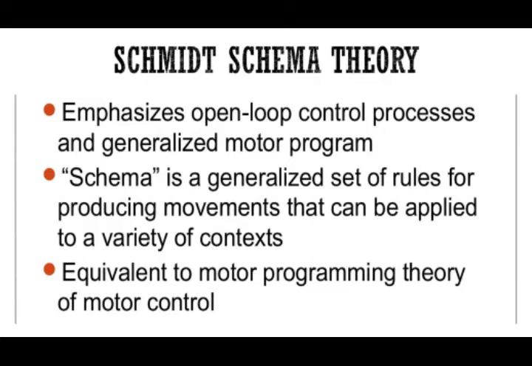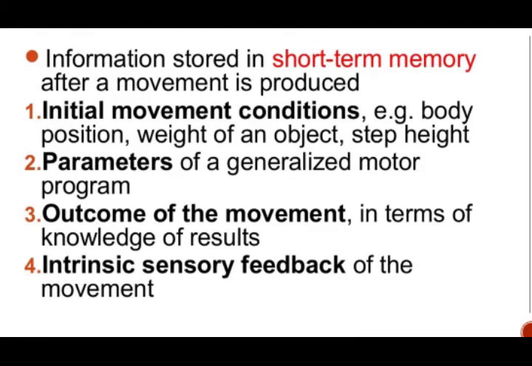Under Schmidt schema theory, there are four pieces of information stored in short-term memory after a movement is produced. Number 1, initial movement conditions, for example, body position, weight of an object, and step height. Number 2, parameters of a generalized motor program.